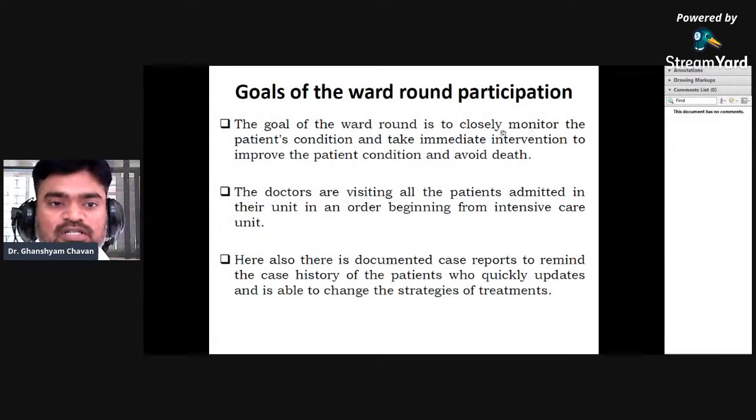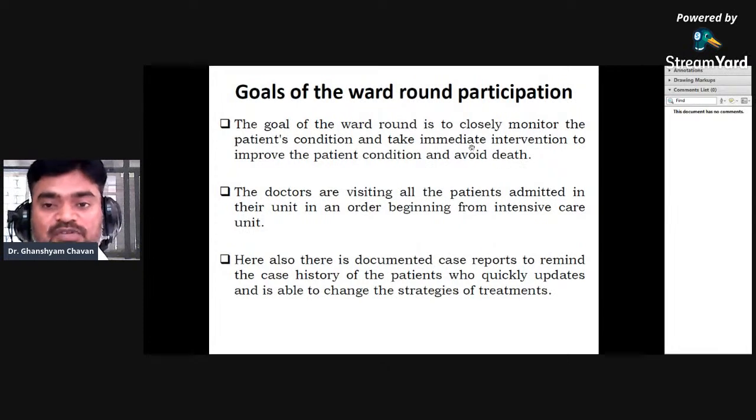So closely monitor the patient's conditions and take immediate interventions. Immediate interventions means we should immediately enter into their conditions. We should start our program, or start to take action immediately. It is called immediate intervention, to improve the patient's conditions and avoid death.